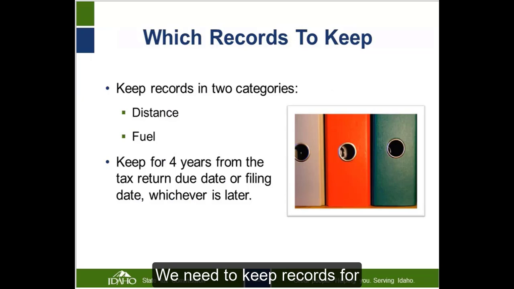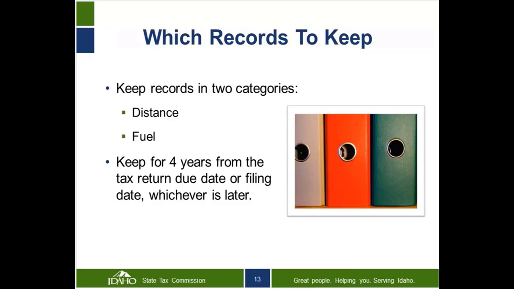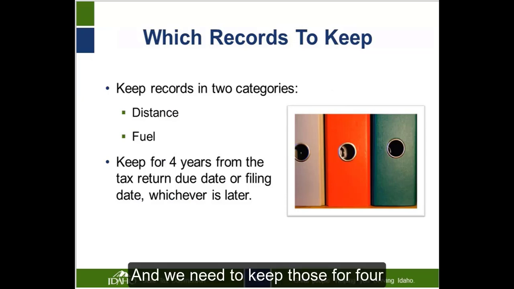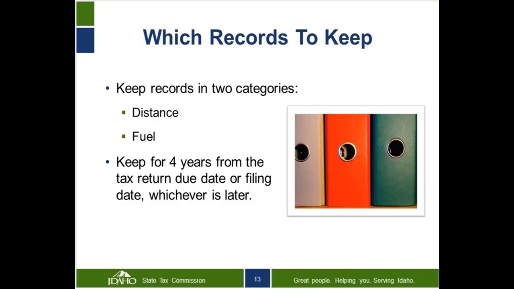We need to keep records for the distance and we need to keep records for the fuel. And we need to keep those for 4 years, from the due date or the date that you filed, whichever is later.